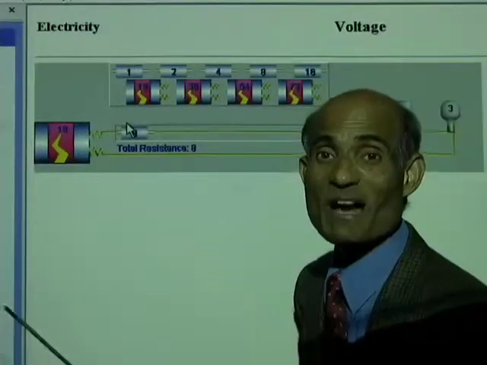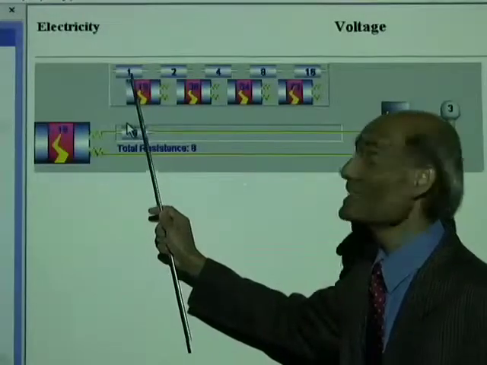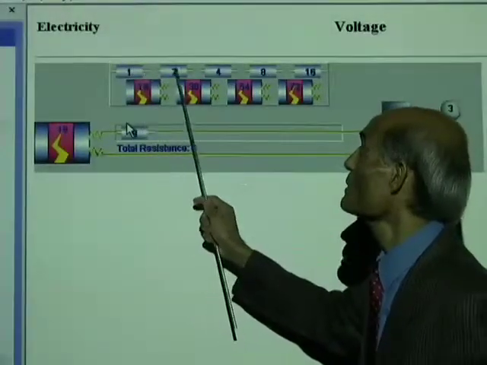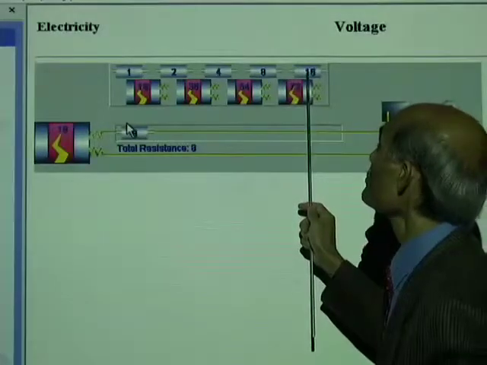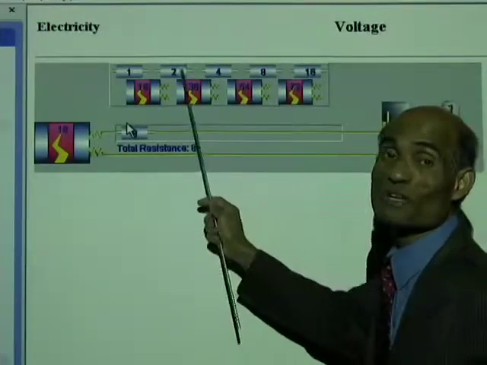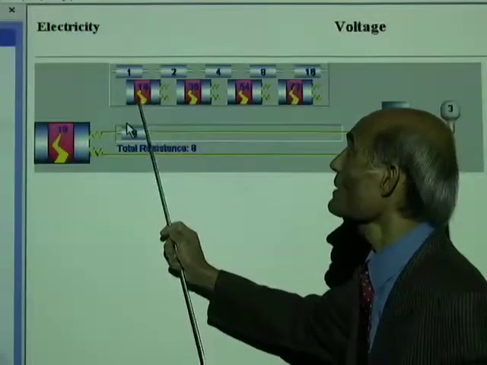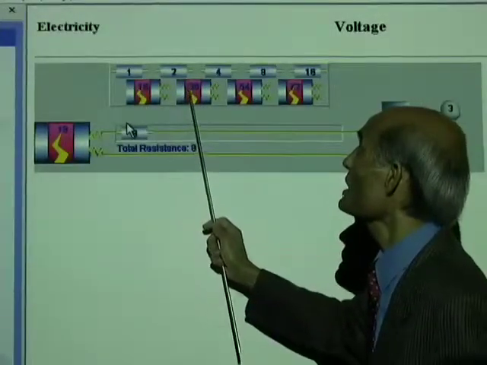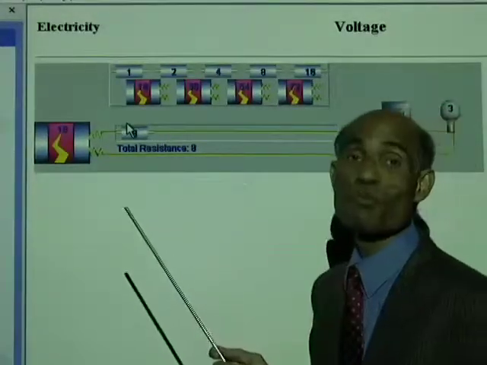All right. Now, let me see if I can show you a computer animation. This interactive exercise provides a selection of resistors: 1 ohm, 2 ohm, 4 ohm, 8 ohm, 16 ohm. These are the available resistors. And you have cells that will provide a potential difference of 18, 36, 54, and 72 volts.